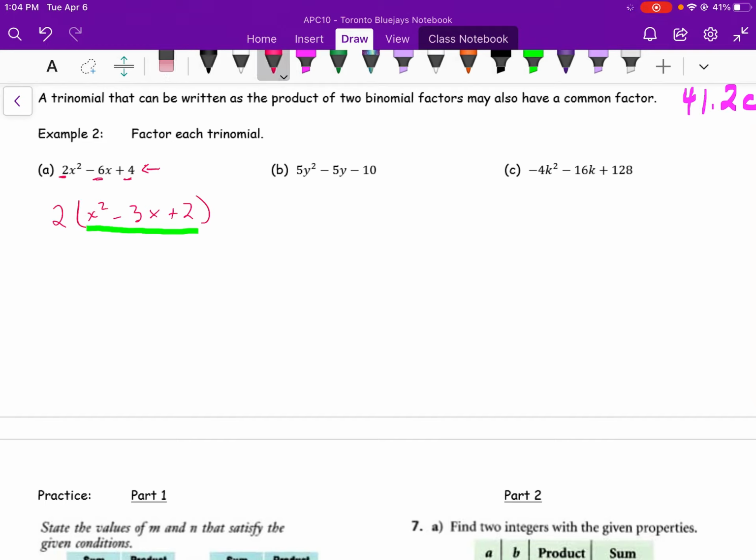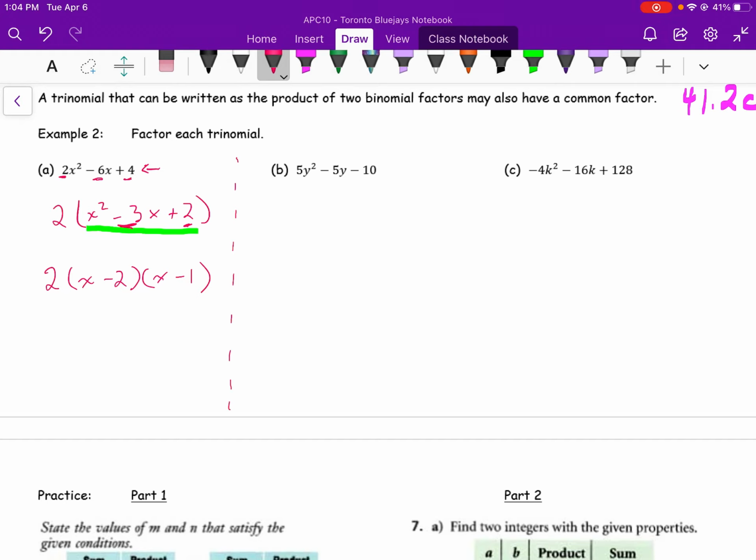So what two numbers multiply to positive 2 but sum to negative 3? Well, those two numbers are going to be negative 2 and negative 1. And in fact, if you want, you can multiply these three quantities and you should end up with the original expression.